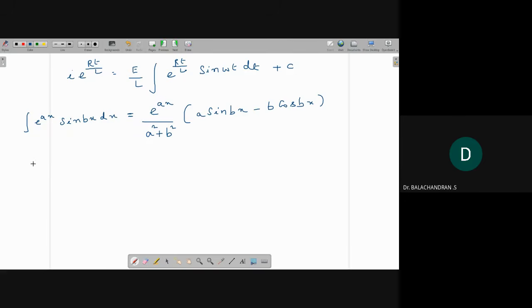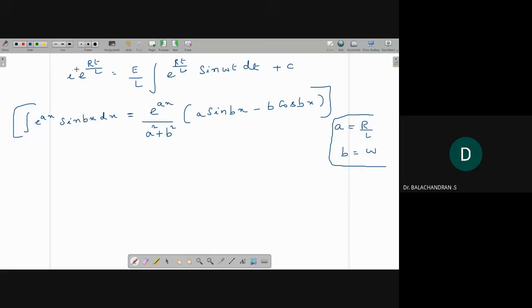Now I am going to use this result here. Here a equal to R by L, b equal to omega.